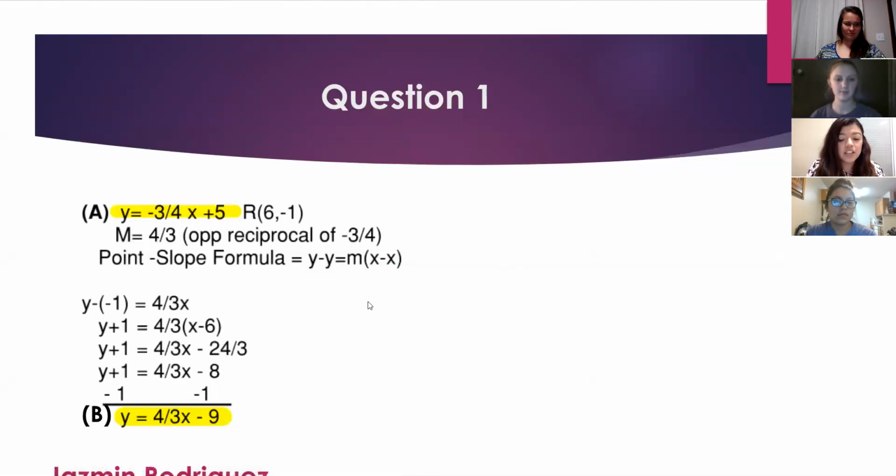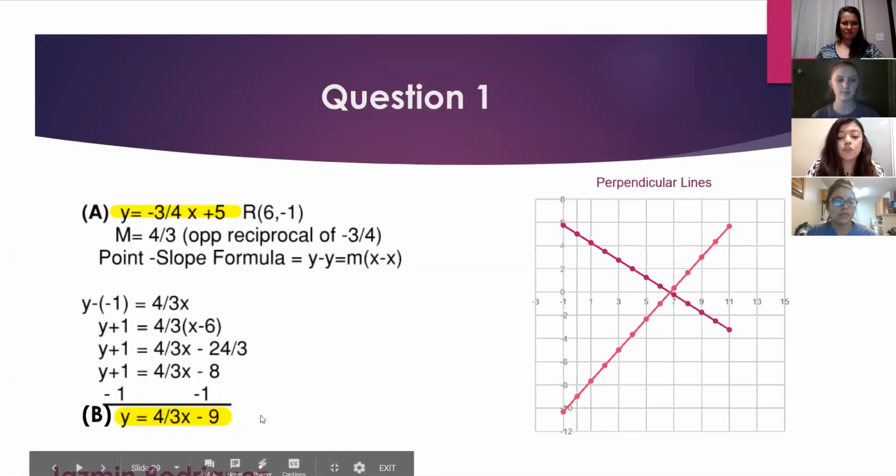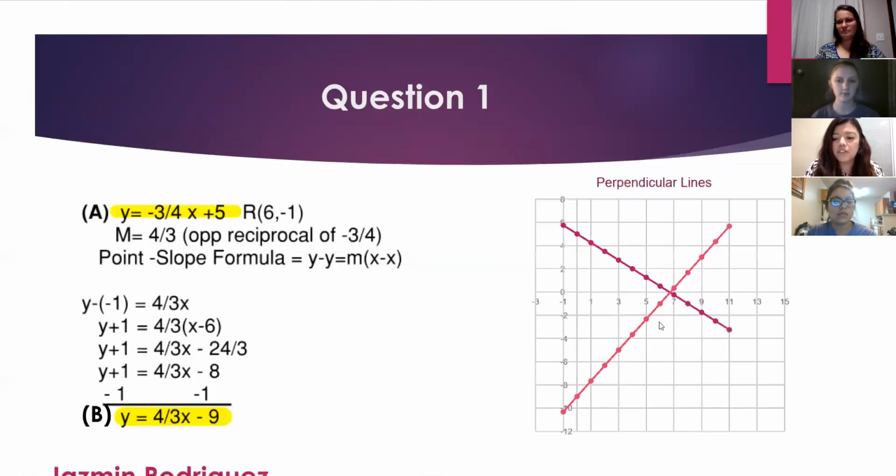As you can see, we have our slope for line A as negative 3/4, and we have our slope for line B as 4/3. Those are opposite reciprocals of each other. Next, we can look at our graph where our two lines have been graphed, and we can see that these lines are perpendicular, and it creates a perfect 90-degree angle.